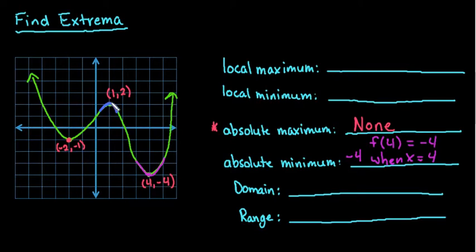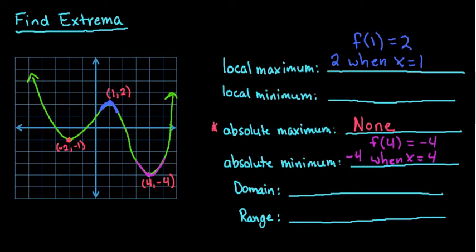In relationship to this interval, this is the maximum point. The highest point in that interval is 2. So the local maximum is 2 when x equals 1. We could write f of 1 equals 2, and that gives me a local maximum.